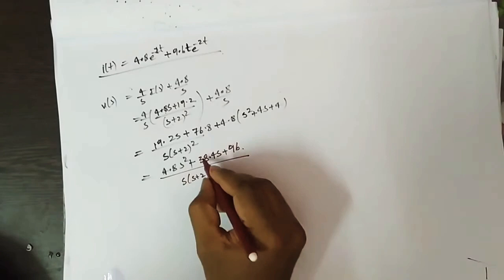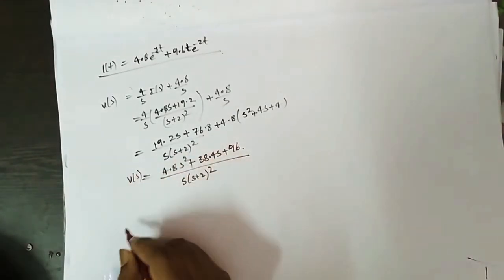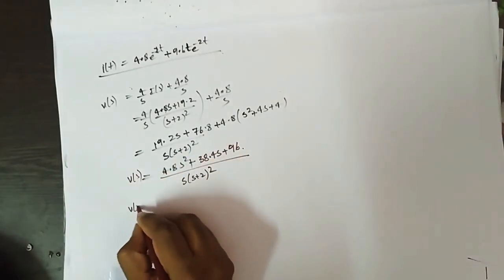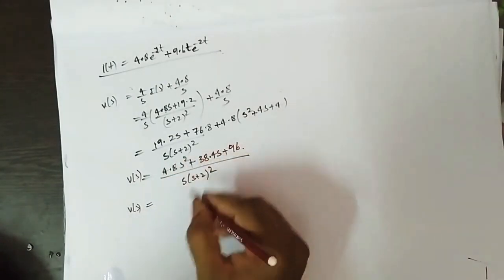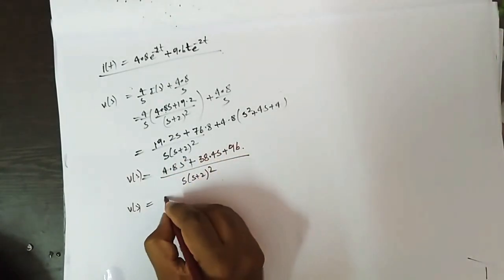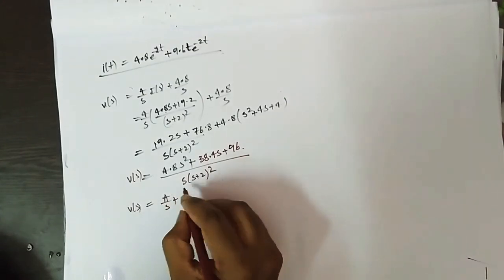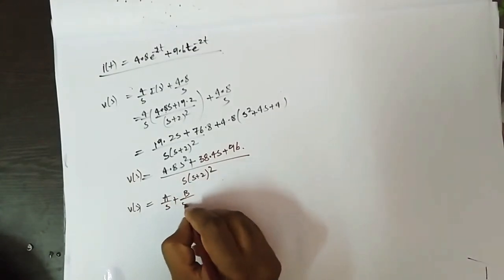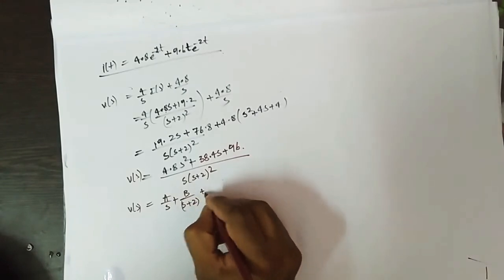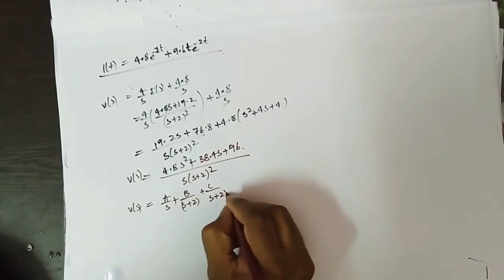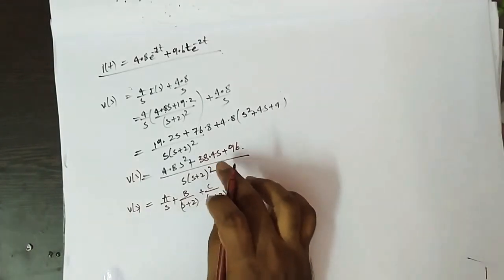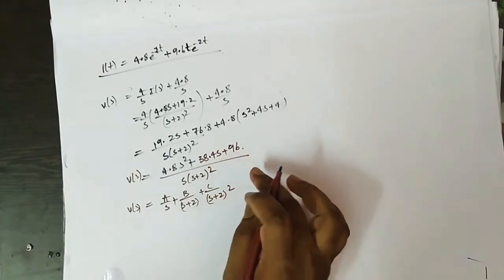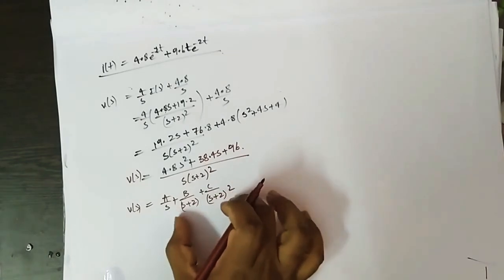So this is V of s. For getting the inverse Laplace, we need to do partial fractions. You can write it as A by s plus B by s plus 2 plus C by s plus 2 whole square. This s plus 2 whole square is a repeated root, so for repeated roots we need to write the partial fraction like this.